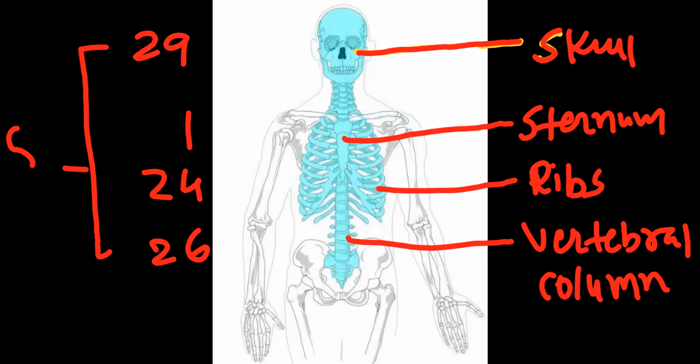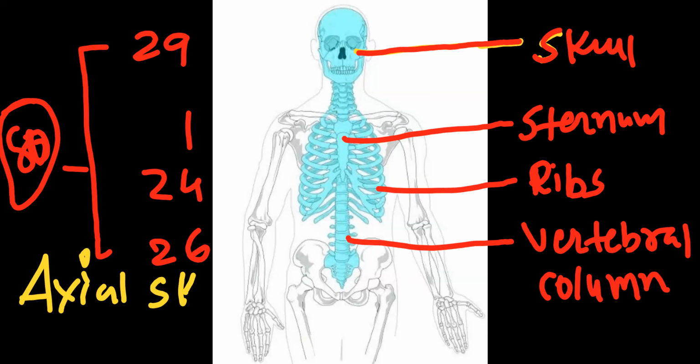The total comes to 80 bones constituting the axial skeleton, the components present in the central axis of the body. We'll go through each one of these components of the axial skeleton, starting with the first in that sequence, the skull.